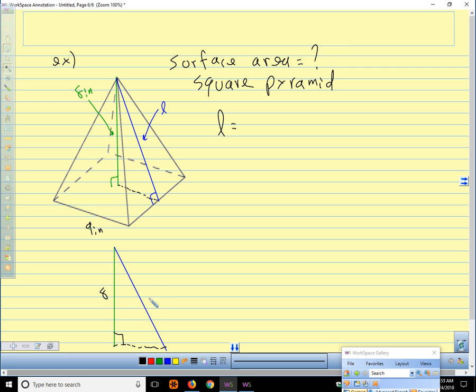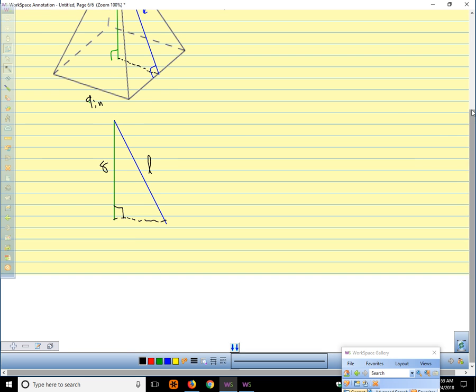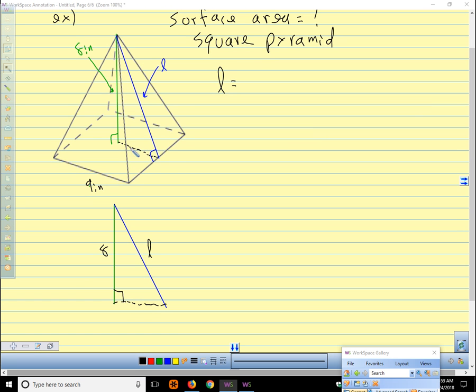That's 8. There's our slant height. Well, how far is it from here to here? If this is a square, that's half the edge of the square. That's 4.5. We always get a right triangle inside a pyramid that we can use to help us solve our problem.